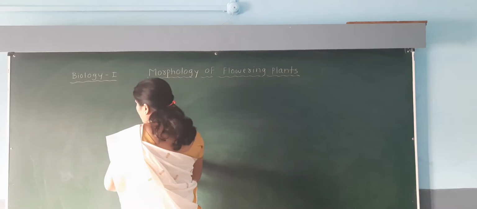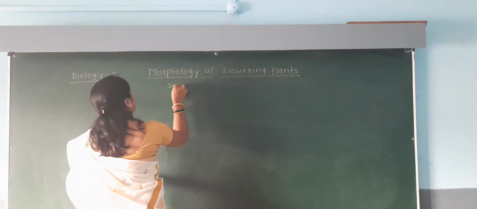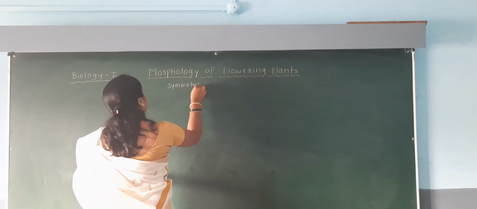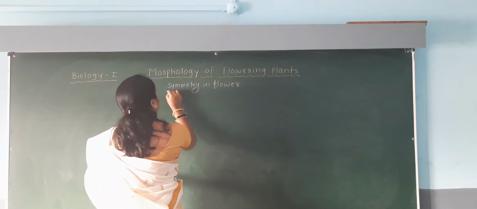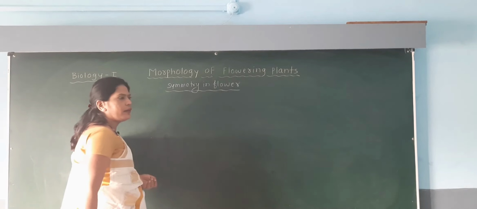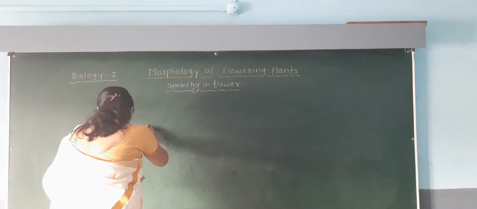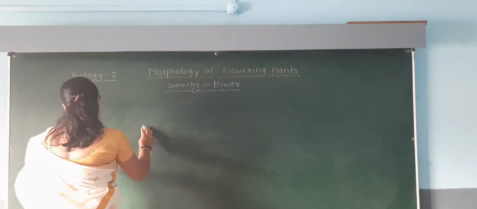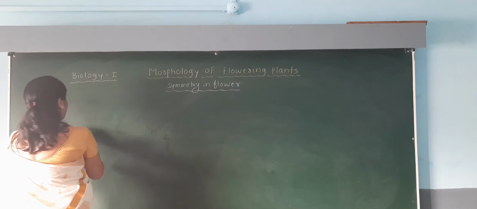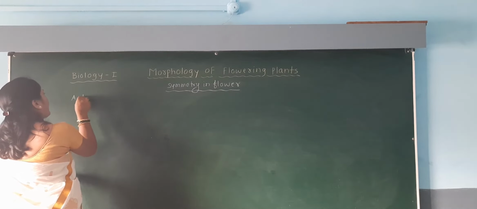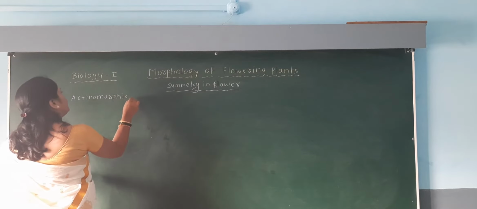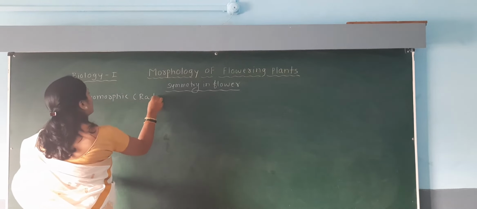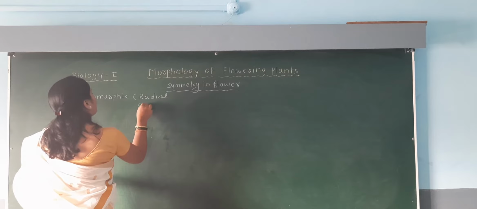There are overall 3 types of symmetry in flowers. Actinomorphic, which is also called radial symmetry.